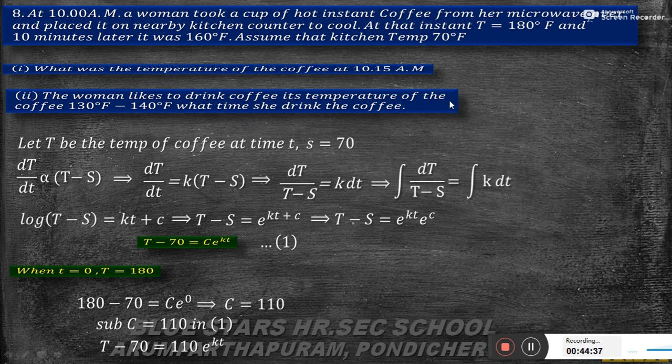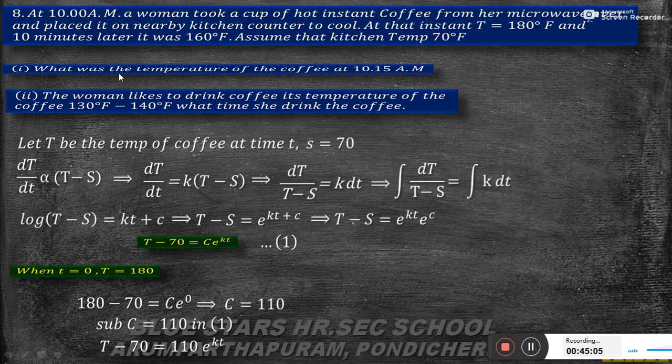So at 10 a.m. a woman took a cup of hot instant coffee from the oven. The instant temperature of the coffee is 180 degrees Fahrenheit. After 10 minutes the coffee temperature is 160 degrees Fahrenheit. F is Fahrenheit. They give the kitchen temperature as 70 degrees Fahrenheit.